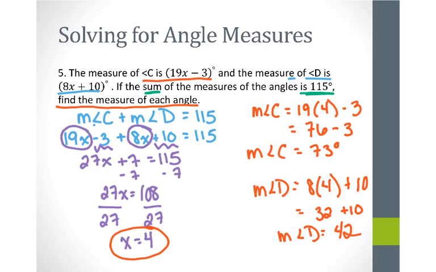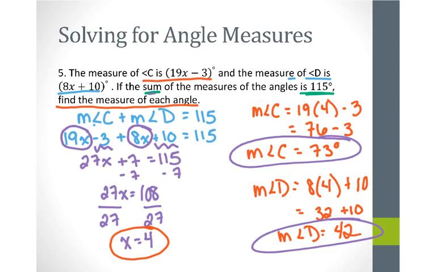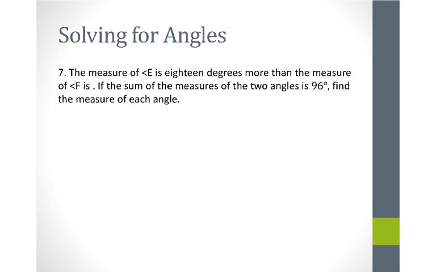Okay, so in this case, we knew all the skills. We just had to pay close attention to what they were asking us with this value of sum. So let's look at the next one then.